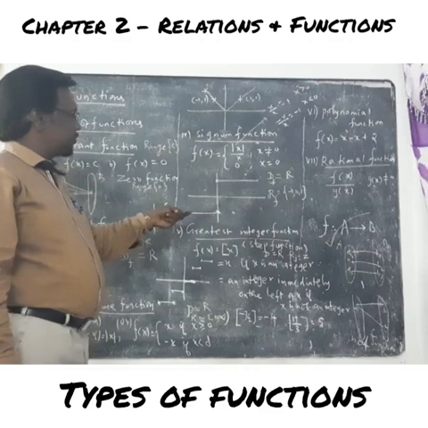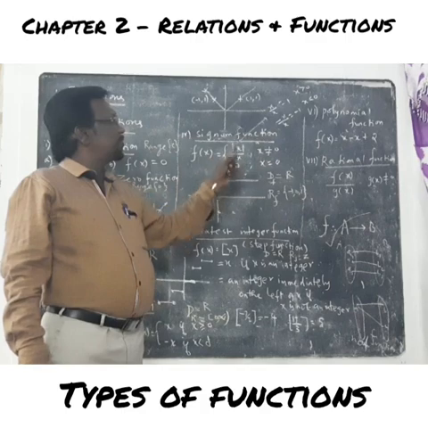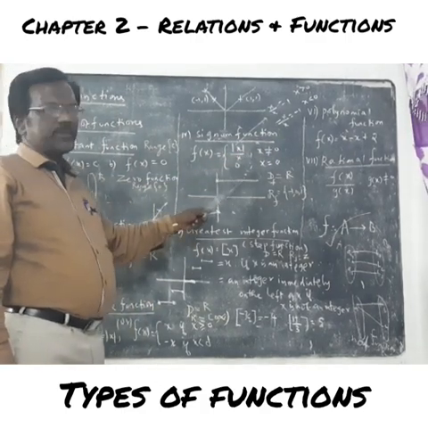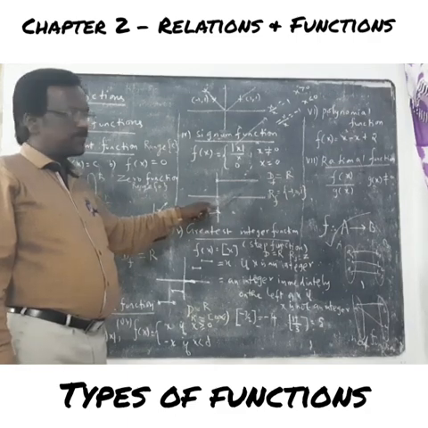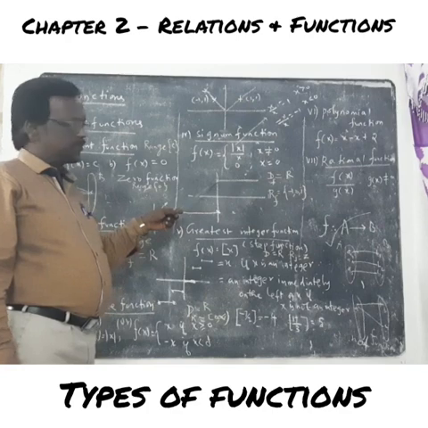If you take x equal to 5, 5 is greater than 0, so for that value it is 1 only. So 5 gives 1, 6 gives 1, 7 gives 1. For x equal to 0, the value is 0. What about negative values?